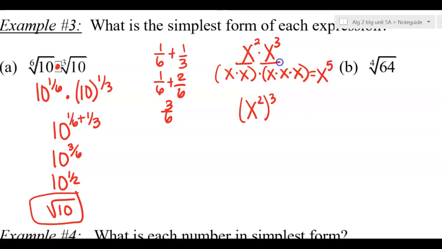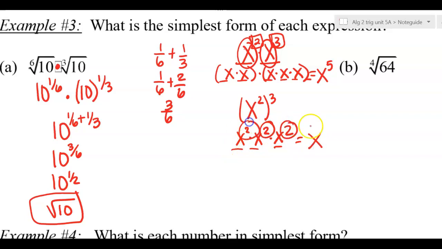So when I have this times this, I'm still using the same base, not it multiplied by anything else. I'm just using it more times than I originally was. 2 times and then 3 more times, so 5 times total. Is that okay? Whereas here I'm saying x squared times x squared times x squared, which uses the previous rule and says I'm using the same base, so it will still be an x, but 2 plus 2 plus 2 would make 6. But in either of those situations, we don't change the base because we would technically still be using that base if we wrote it all out to multiply it.